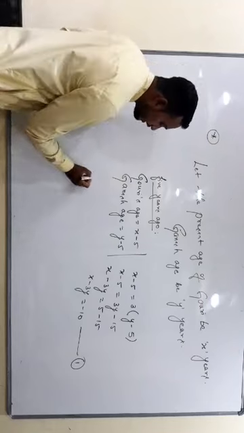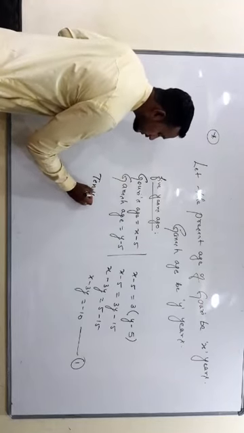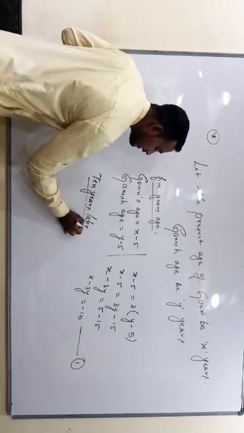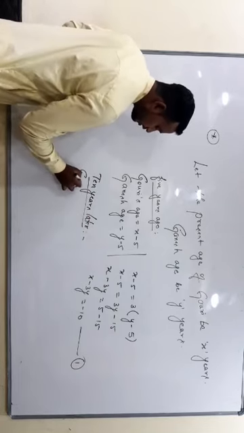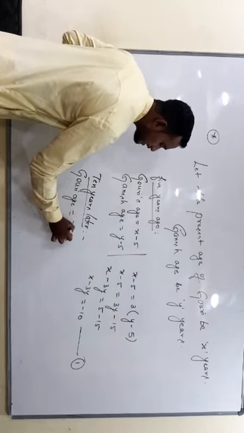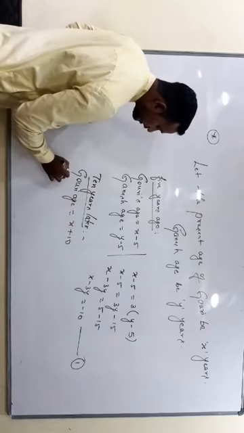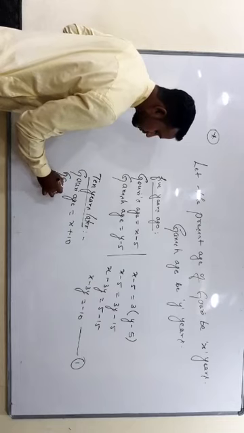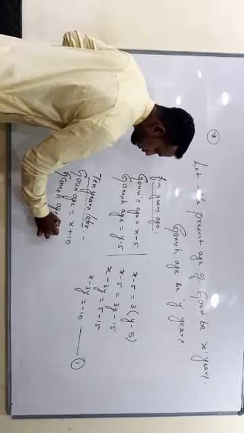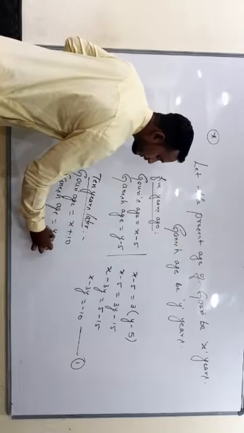Now similarly, 10 years later, Gauri's age will be x plus 10 and Ganesh's age will be y plus 10.